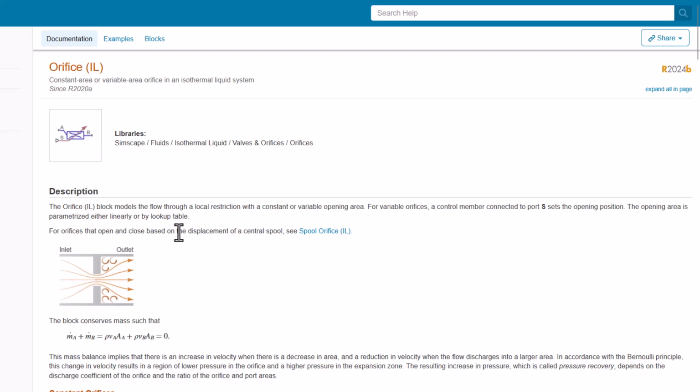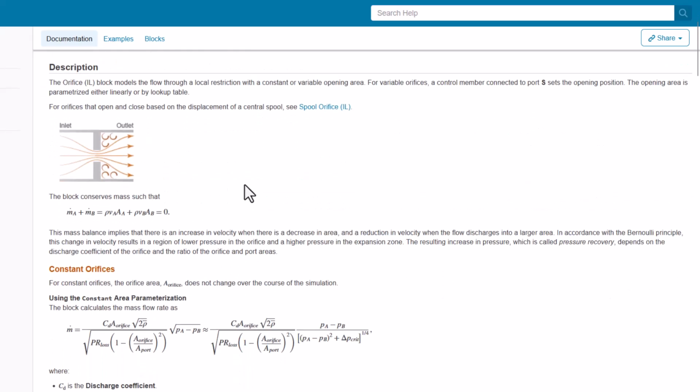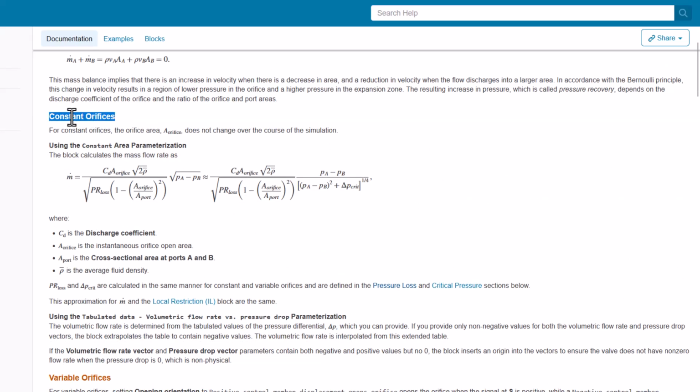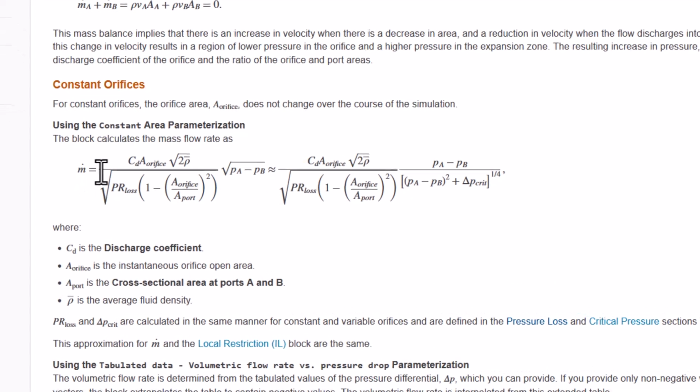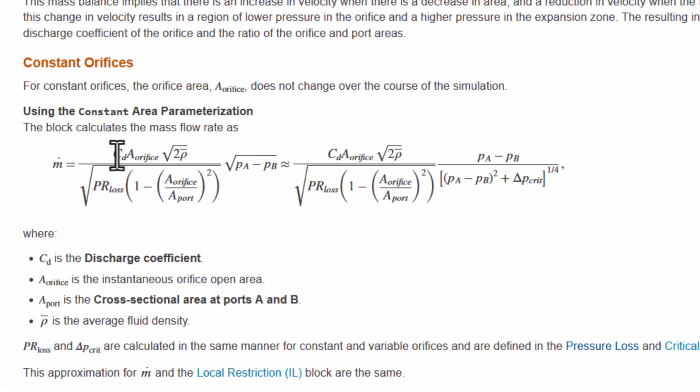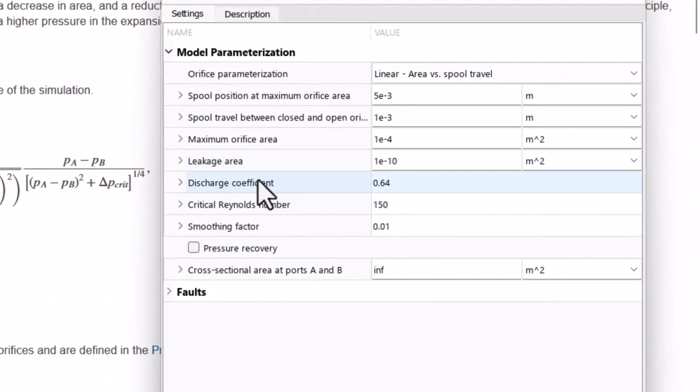So I go to the orifice documentation, and here for a constant orifice I have the formula. It says m dot is equal to these settings. So CD is the discharge coefficient, which is equal to 0.64.